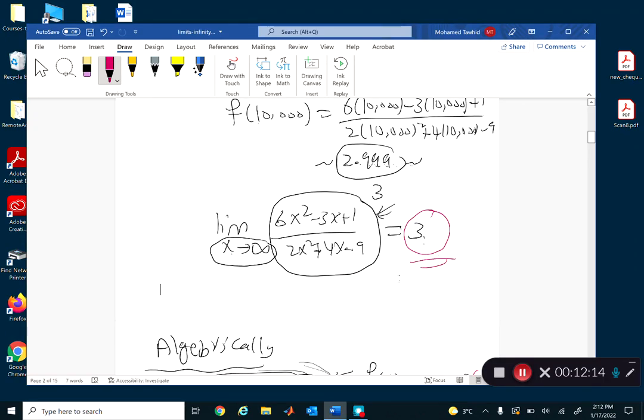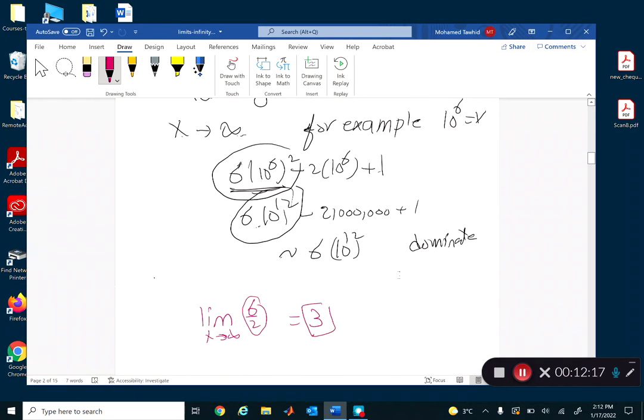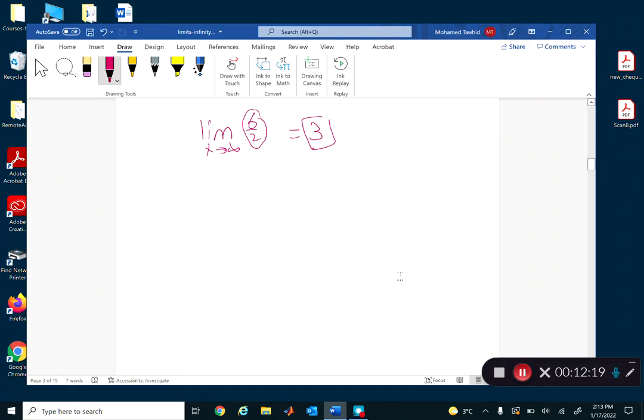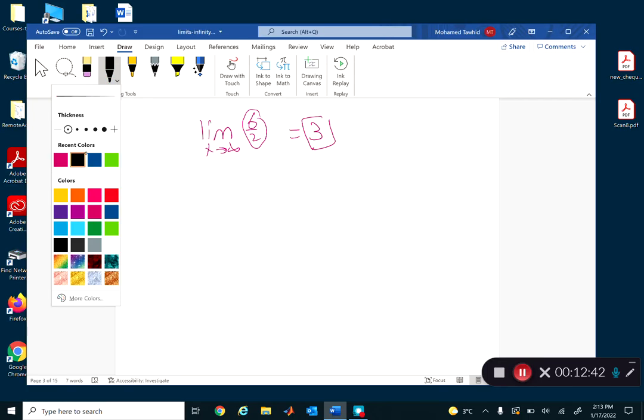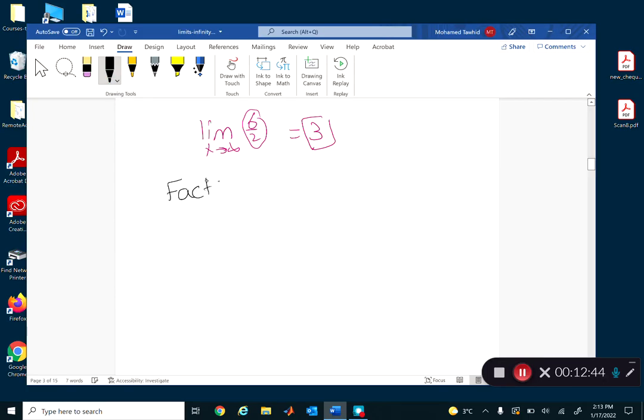When I do the algebraic one, you also get 3. Remember, this applies when x is close to plus infinity or minus infinity. If you have x close to c, a finite number, I cannot apply this. It only applies when x is a very big positive number or a very big negative number.